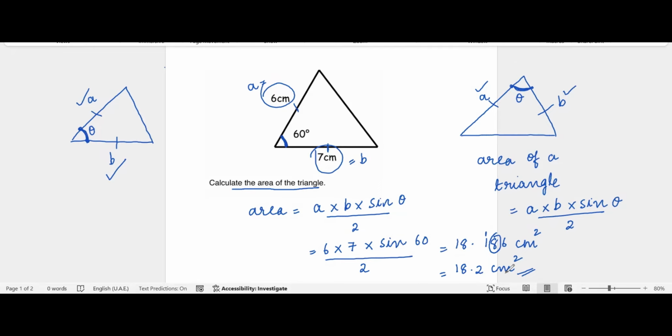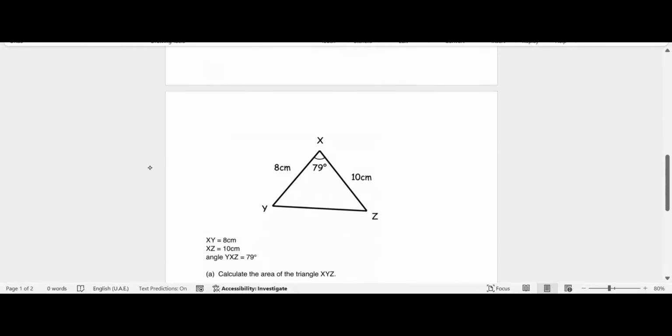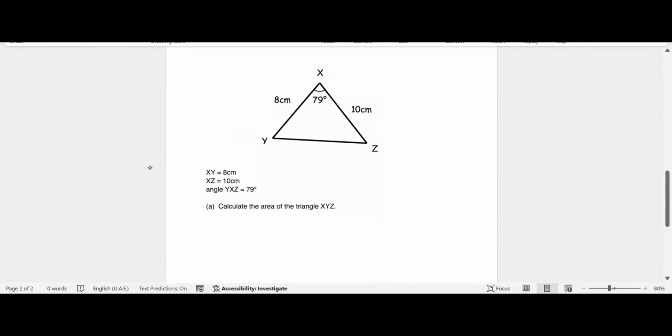Now, let's try one more question. I'm just going to erase this. Here we have one more question to find the area. So let's see.